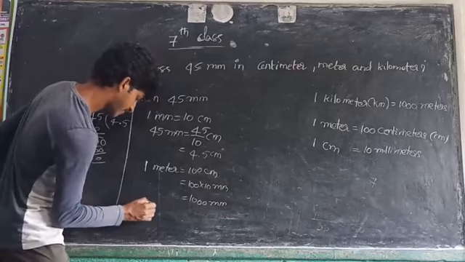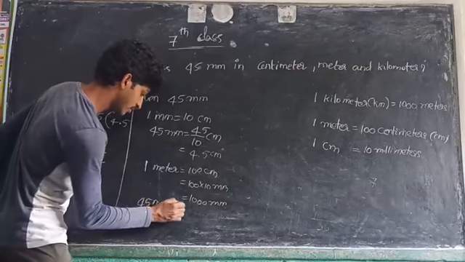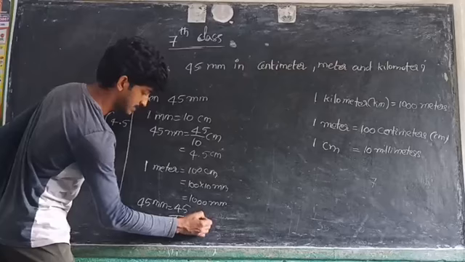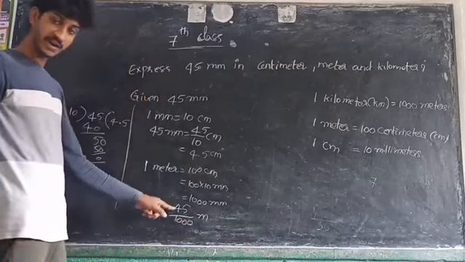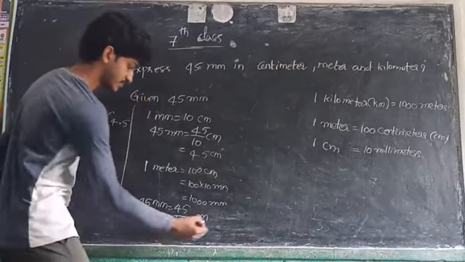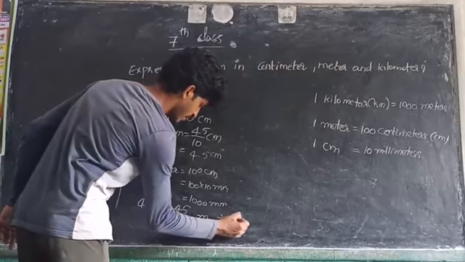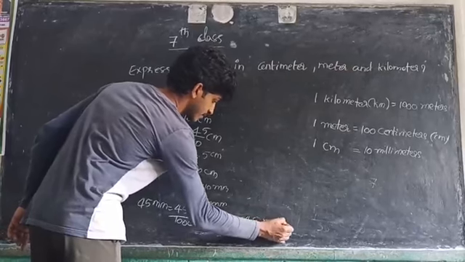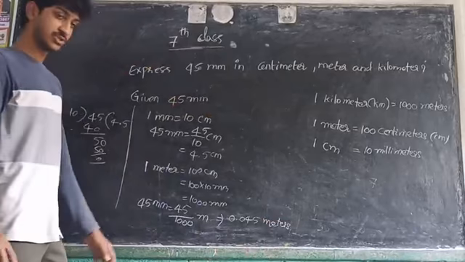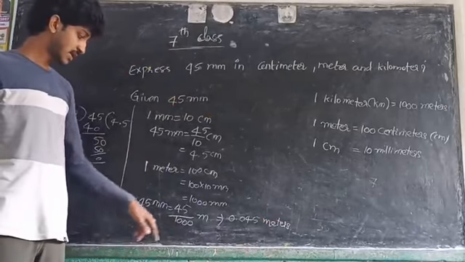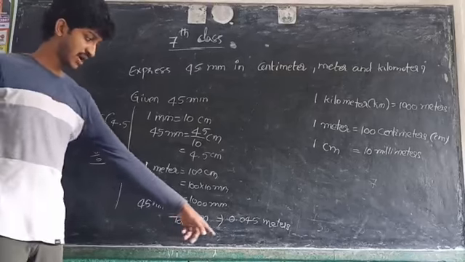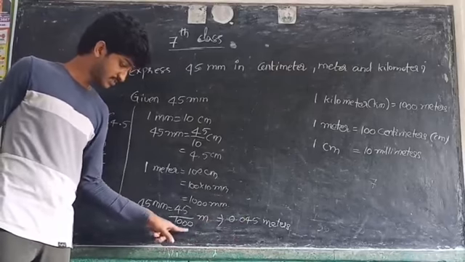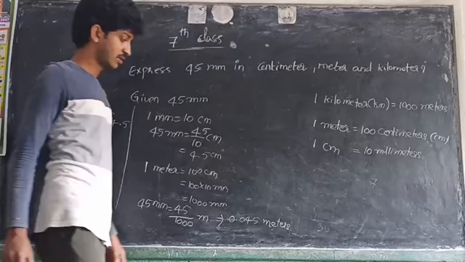Now 45 millimeters is equal to 45 divided by 1000 meters. It becomes 0.045 meters. After the decimal point we have 3 digits because we have 3 zeros here.